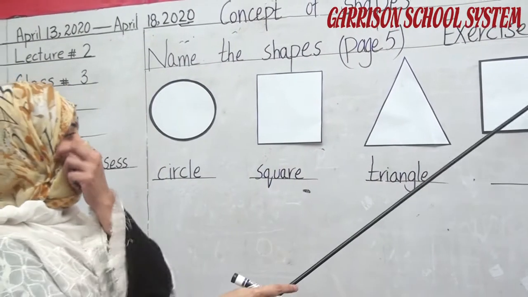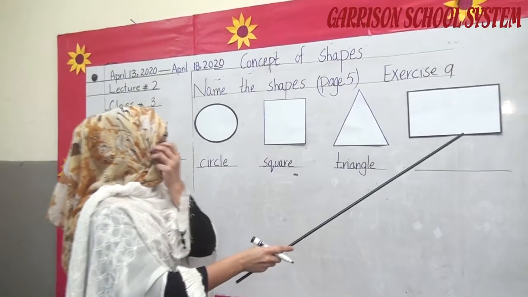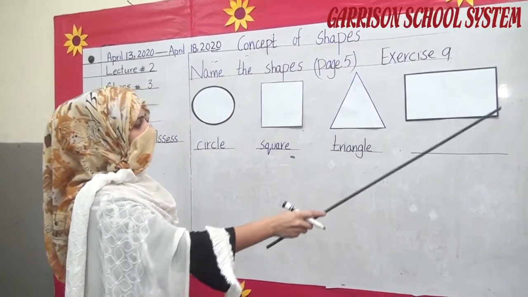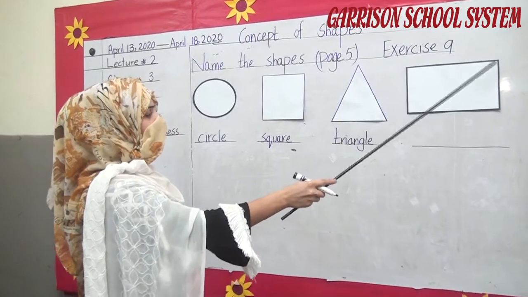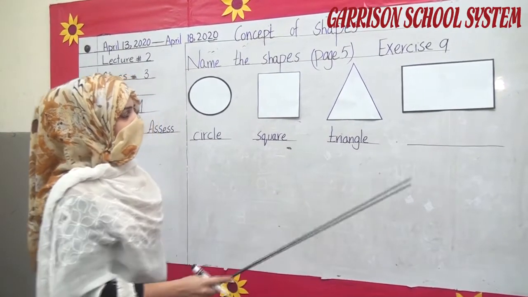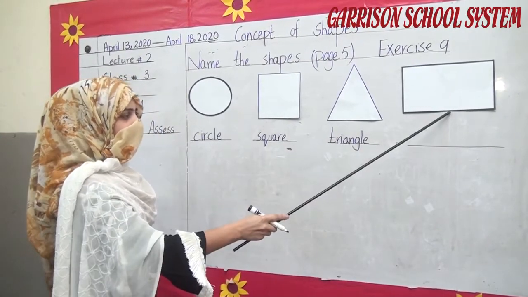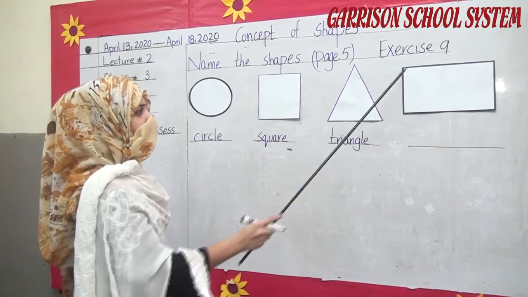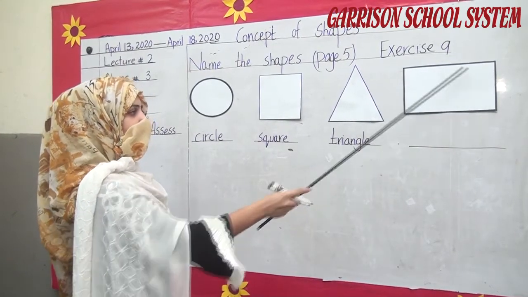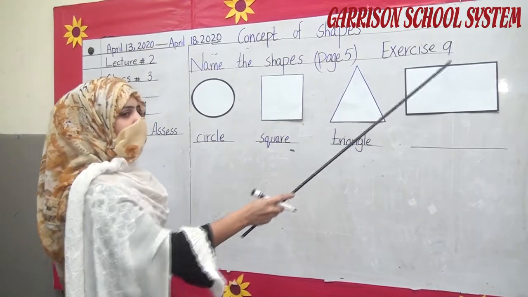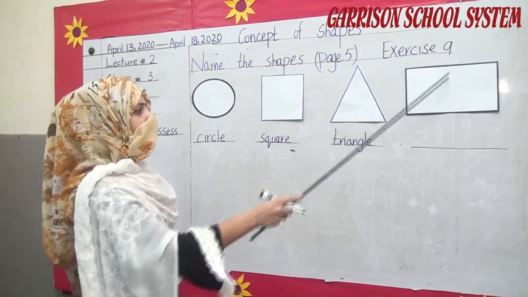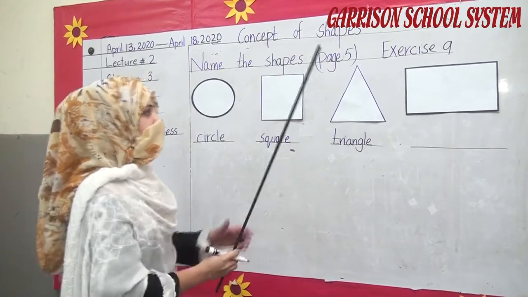Now look at the next shape. This shape also has 4 sides. Opposite sides are the same. You can see, students, both opposite sides are the same.